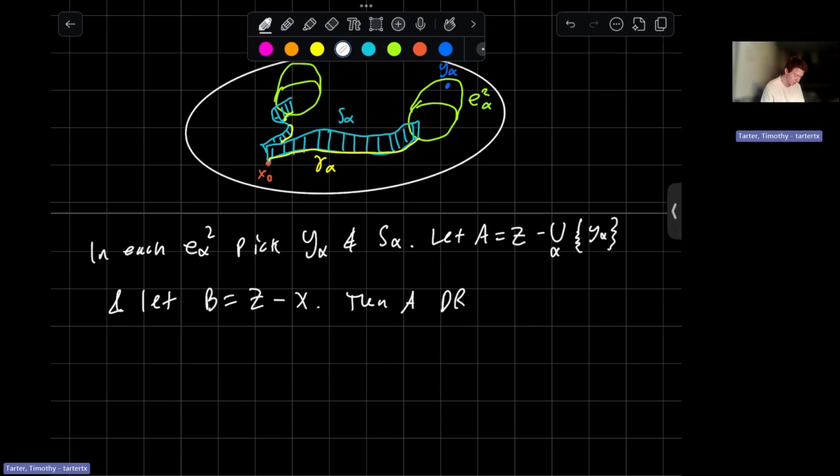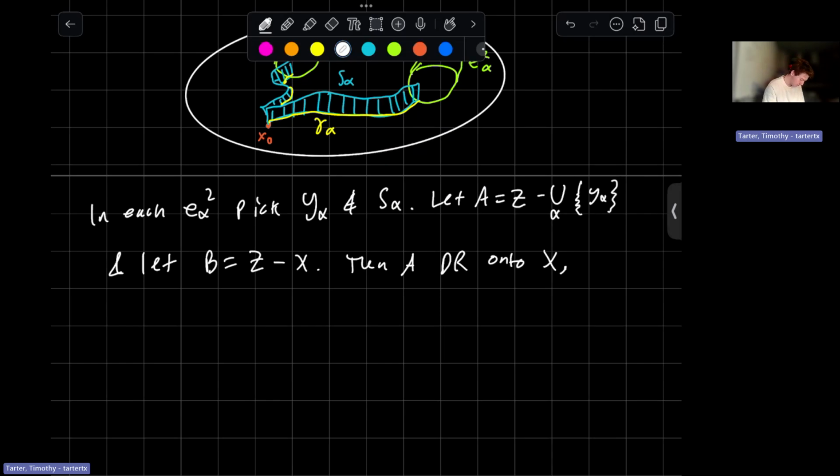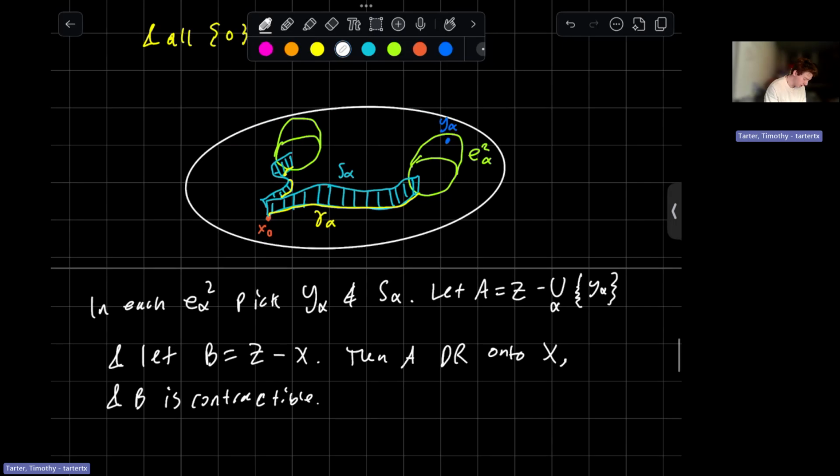Then A deformation retracts onto X, and B is contractible. So A is this space minus the union of the Y alphas.